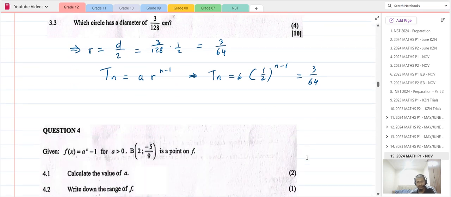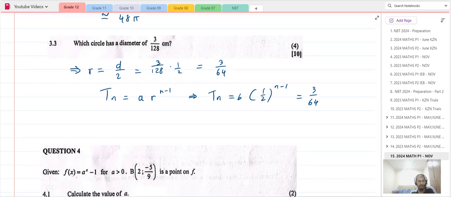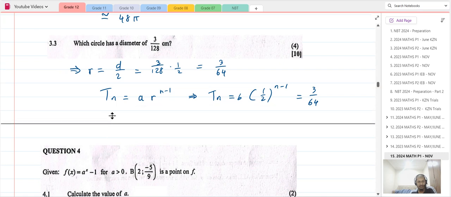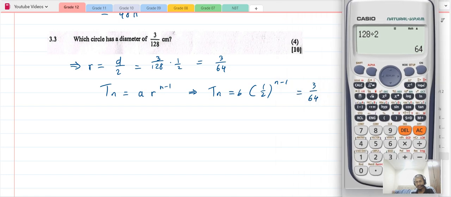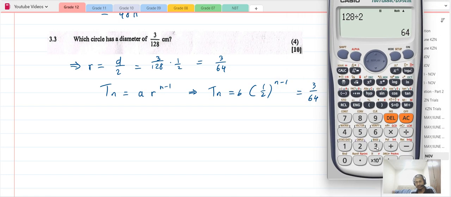To solve this, we take 3 over 64 and divide it by 6, so we get 1 over 128.